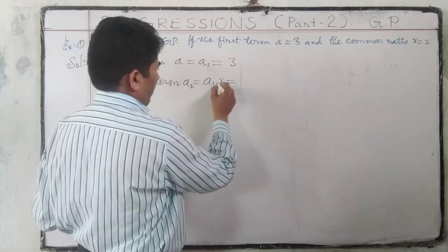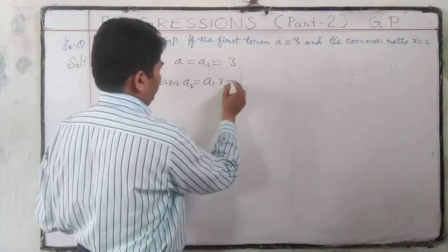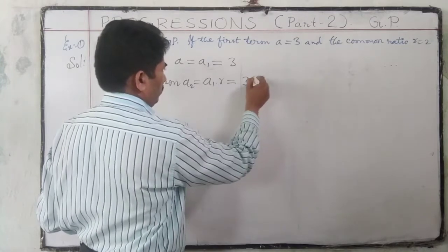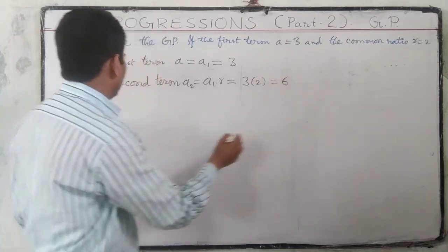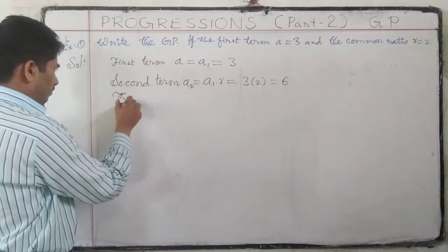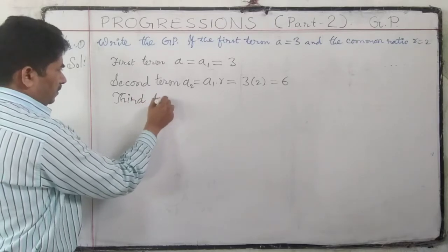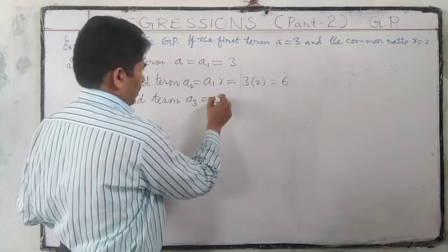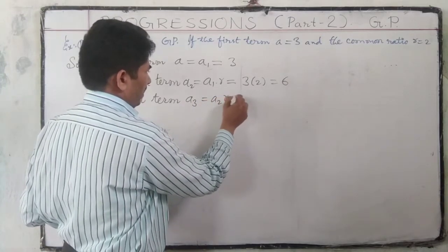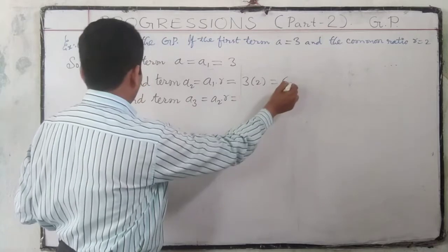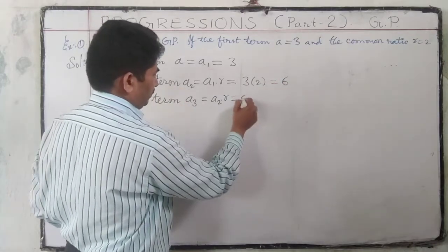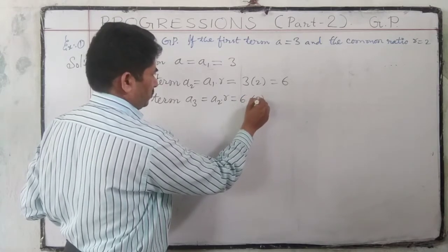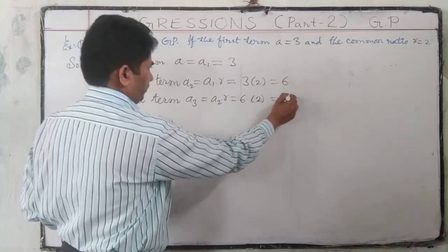So a1 is 3. Into common ratio 2, 3 2s are 6. Third term a3 is equal to a2 into r, is equal to 6 into common ratio 2, 6 2s are 12.